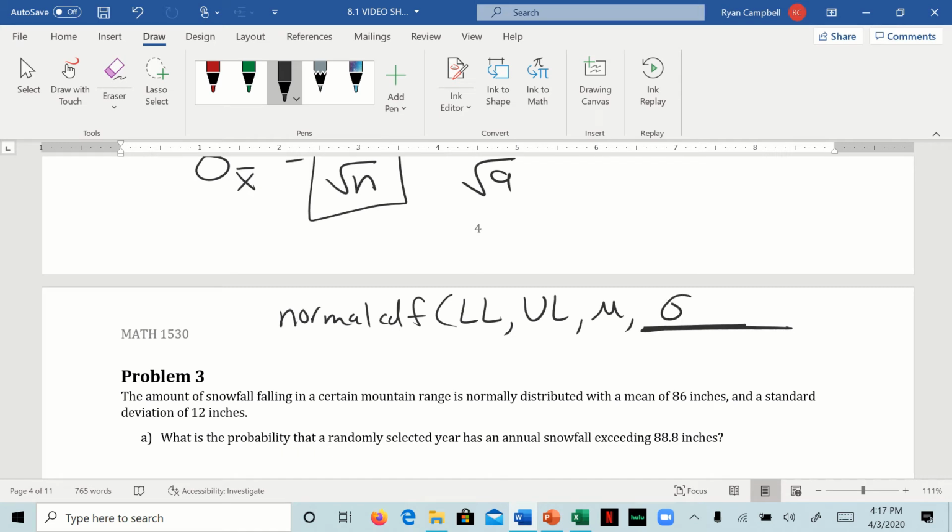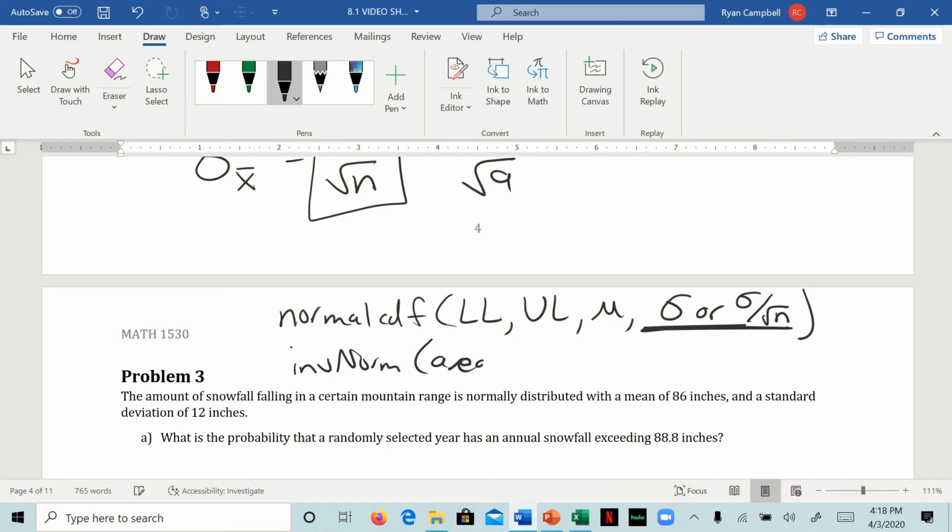Either it is sigma or it's sigma divided by the square root of n. Everything else is the exact same that we did previously, right? But we just need to know now, we pause at the standard deviation. And is it standard deviation or is it standard deviation divided by the square root of n, right? So if you have an n, if we're talking about a mean, we would use that. Same with inverse norm. If we're doing that, right?